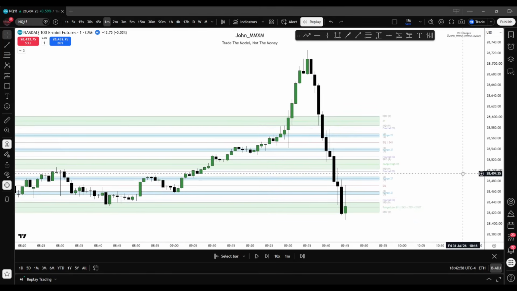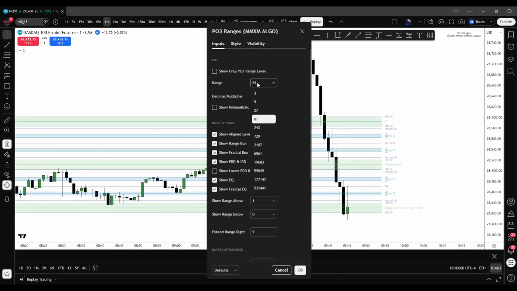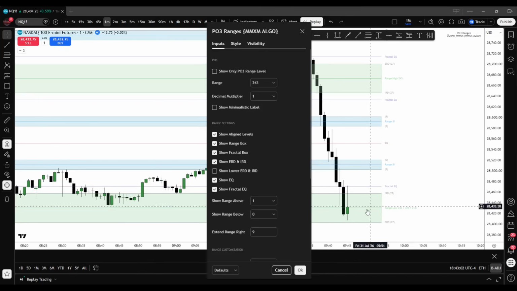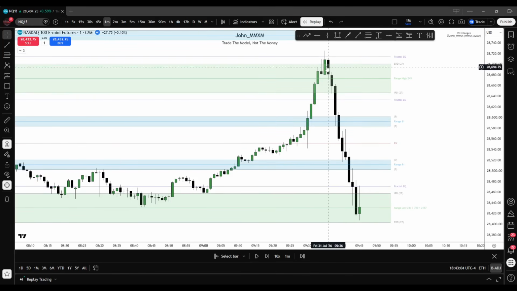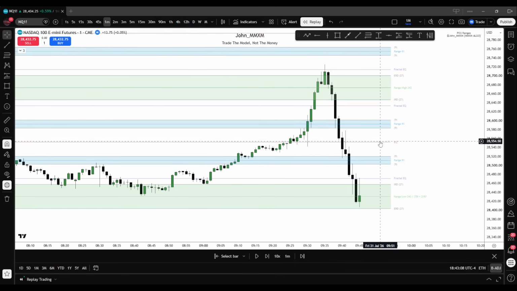That means that we are very volatile and we're going to switch to 243. Price should not be doing the whole range in 1 or 2 candles, guys. It should always be a few. It should take its time. I'll go and provide some screenshots of different times with different models here in a second.